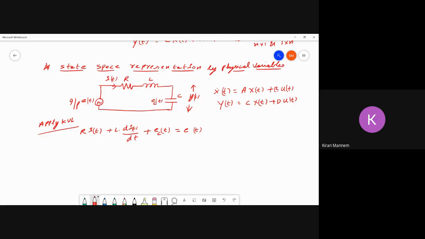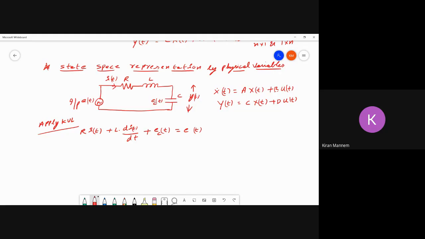If you look at our state model, what are the state variables here? State variables are the inductor and capacitor, since your circuit state will be purely dependent on the inductors and capacitor of the circuit.